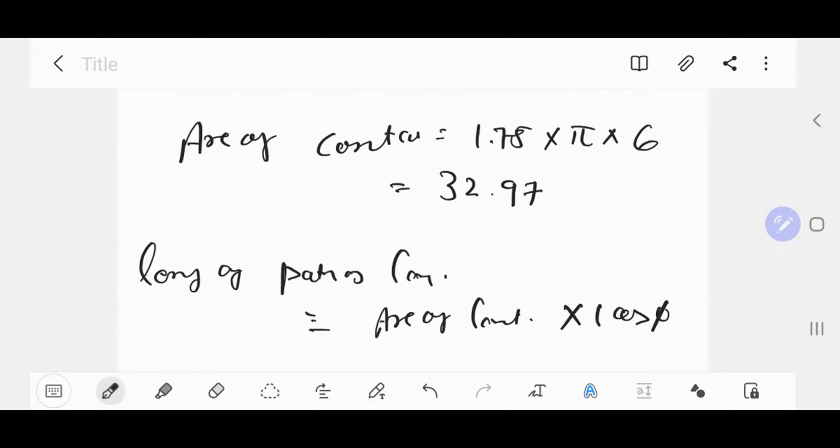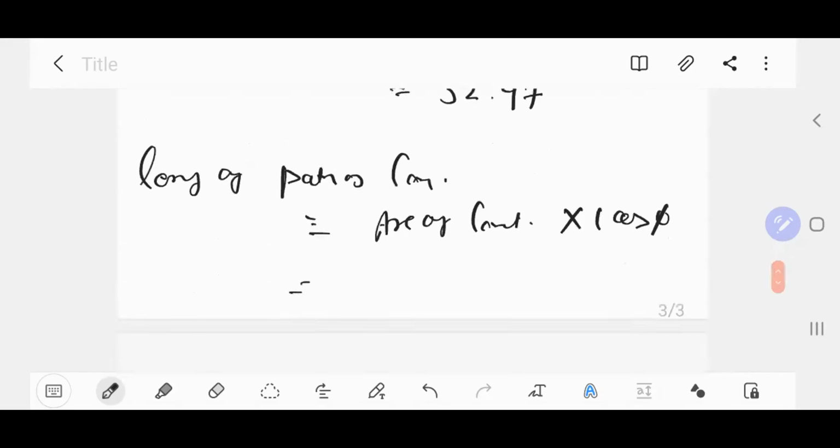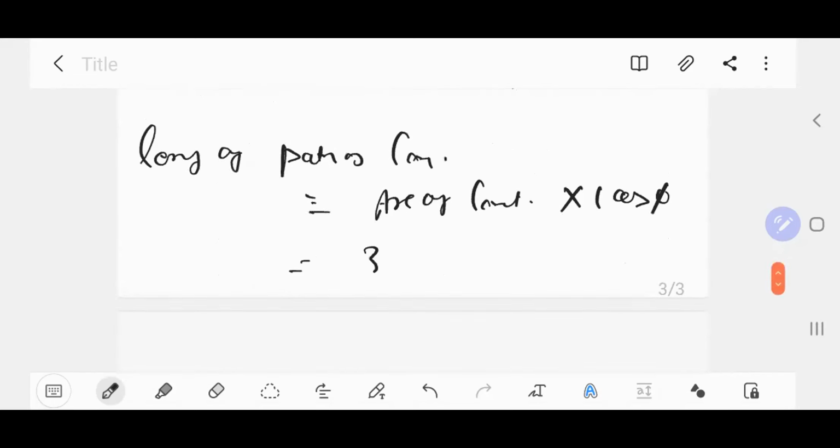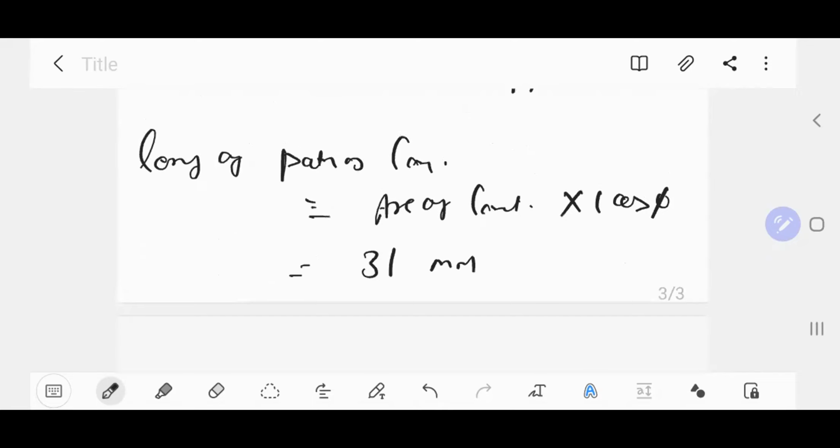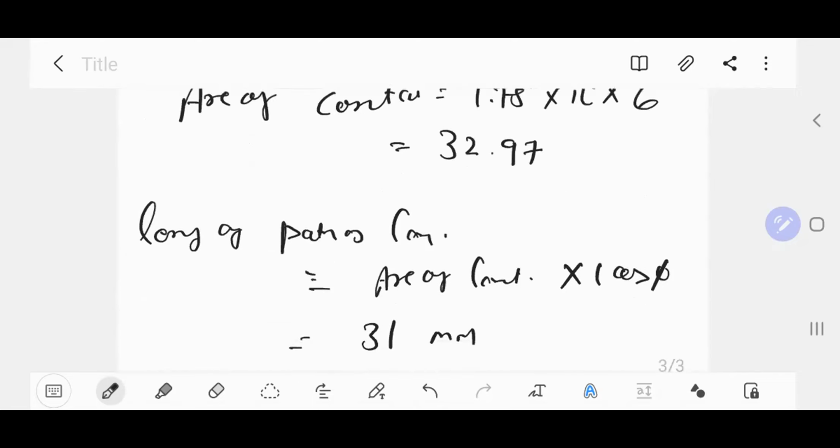So exactly, yes, it's 31 length of path of contact. Done. So now we have the length of path of contact, and now we have the arc of contact.